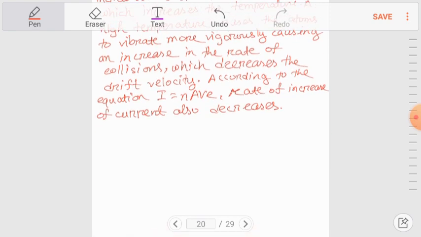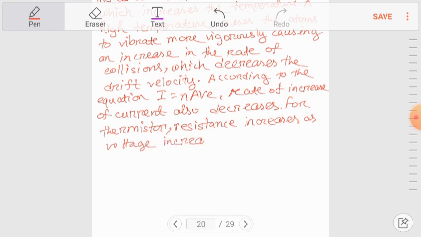Now I'm moving to the thermistor. So let me write it as for thermistor. For thermistor, resistance increases as voltage increases, which increases the temperature.